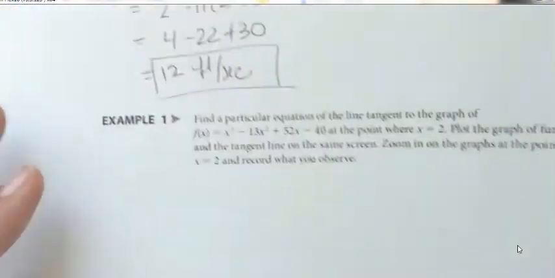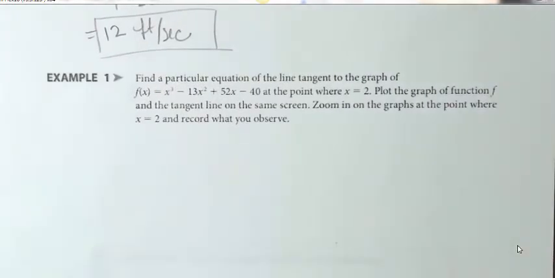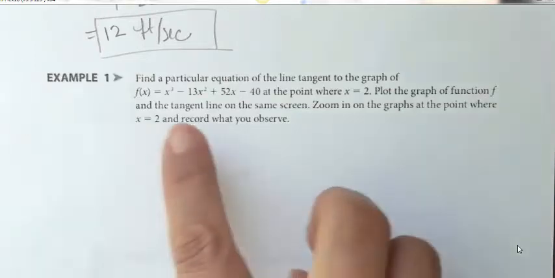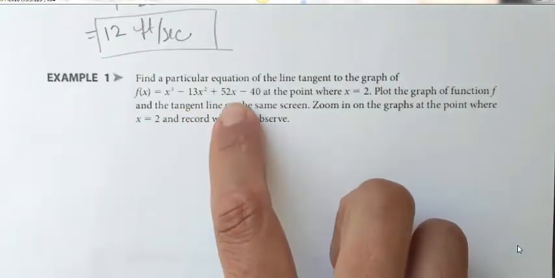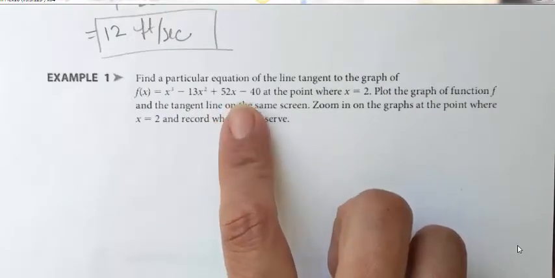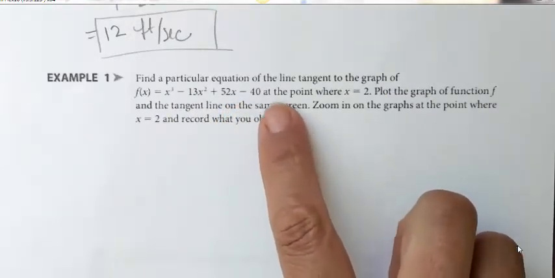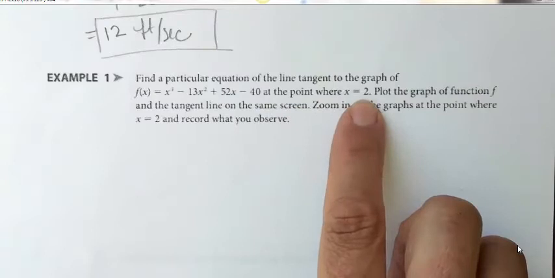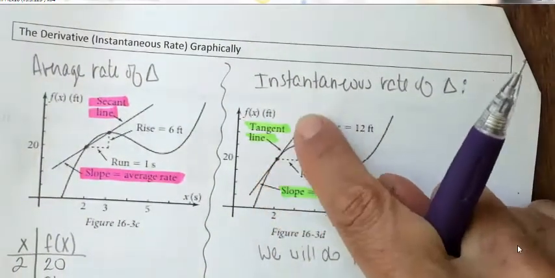Example 1 wants you to find the equation of the line tangent to the graph of f of x, basically our same function that models the displacement of the bird, or the height of the bird, at the point where x equals 2. So basically what we're doing is trying to find the equation of this tangent line right here.